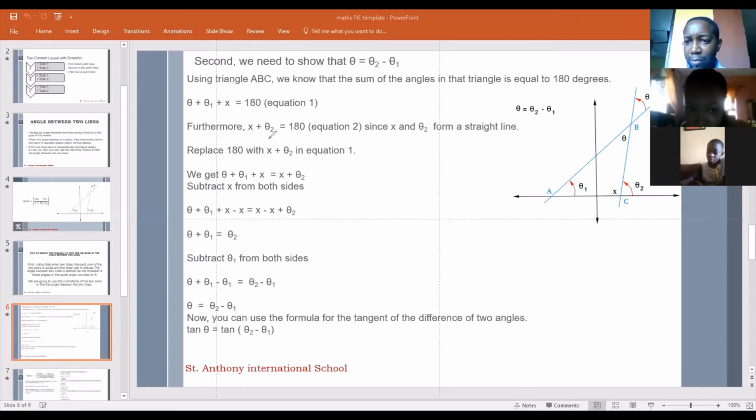Can you see this whiteboard? Excel, can you see this whiteboard? Yes, sir, I can. Good. Let me move this a little bit further down so that you can see what I want to do.